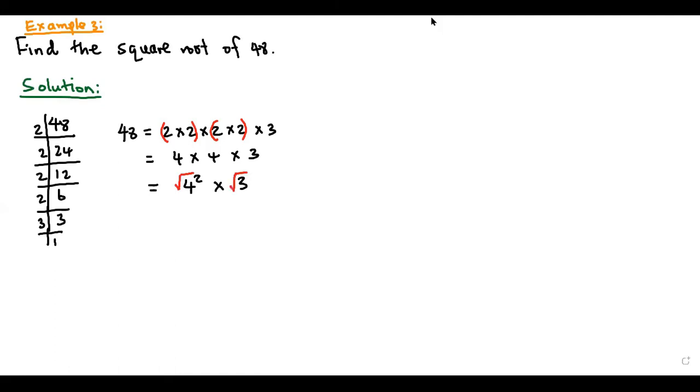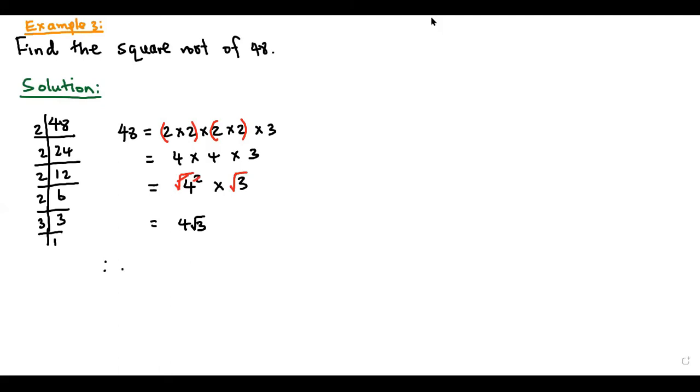So then, the good thing is that this one we can get its square root, and the square root of 3 is the square root of 3. So this means that here we remain with the square root of 4 squared, which is 4. And then it means that we are getting 4 square root of 3.